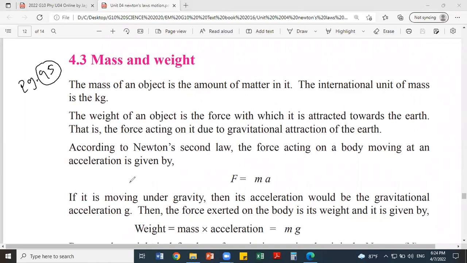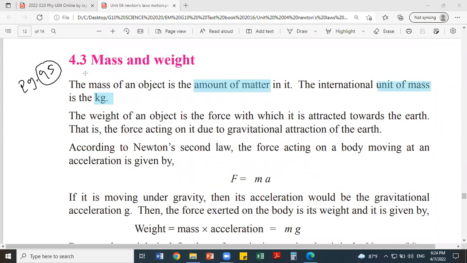You can see the mass. What is the mass? The mass is the amount of matter in an object, and it is measured in kilogram. On the other hand, weight. Okay, this is very important. In the textbook, you can underline with a pencil or highlight. It's very important. Mass is the amount of matter, and the unit of mass is kilogram. Weight is measured in Newton.